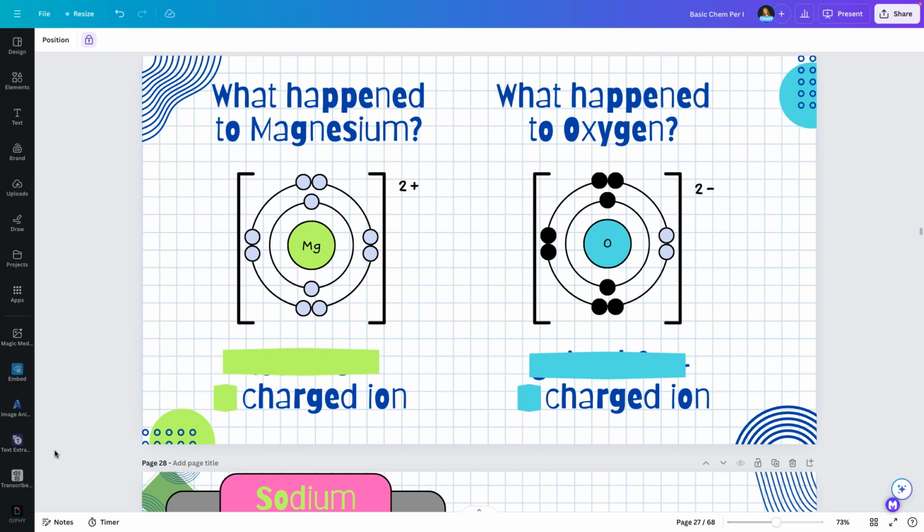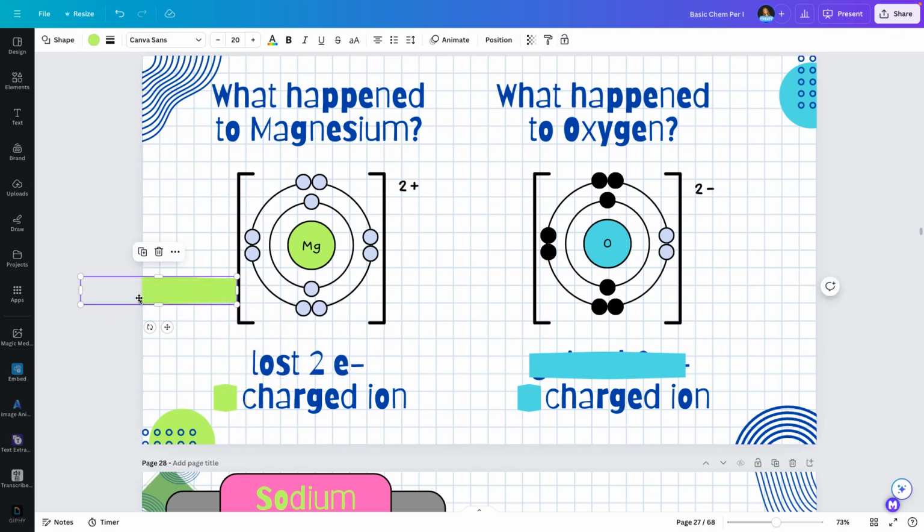Two of magnesium's electrons were either gifted to O or taken from O, or O took them. So what happens? It's positively charged. It lost 2 electrons. In order to become positively charged, you lose electrons.